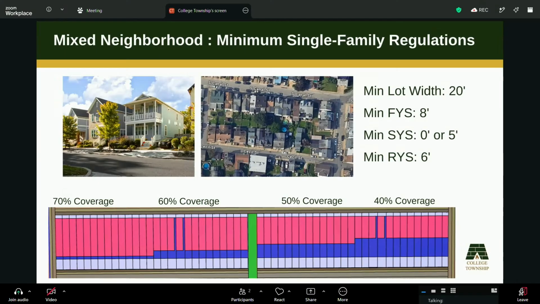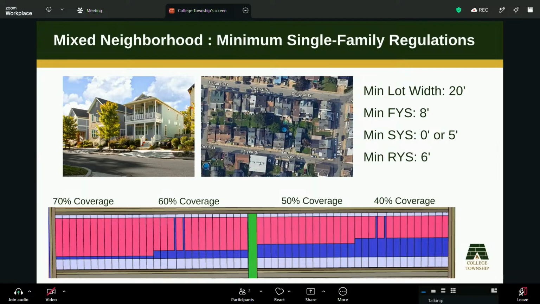Okay, so we are done so far with the mixed core in terms of lot standards. We'll move into mixed neighborhood, remembering that this is slightly less dense than the mixed core, so the numbers will be a little bit different. We'll start with single-family residential. Minimum lot width from PC's recommendation is 20 feet, again, staff 16.